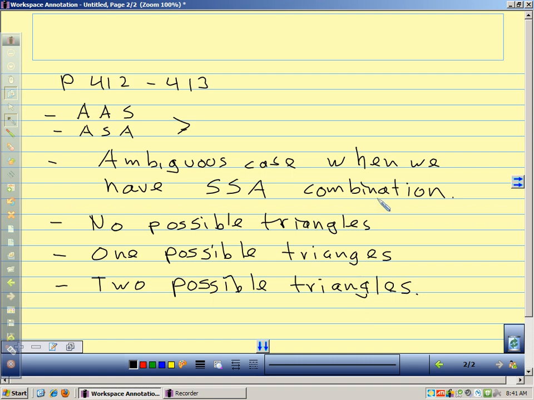So no possible triangle is when we have a situation like this, and this side is really short, and we know this angle.